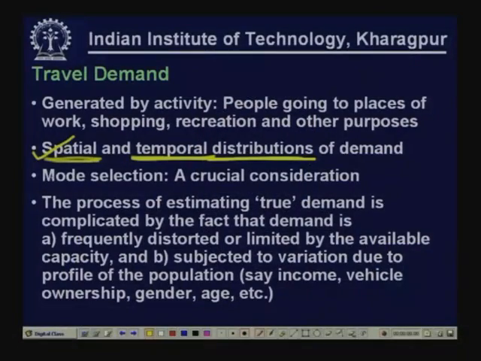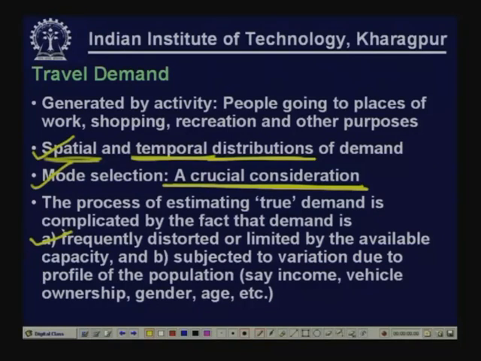As I indicated earlier, mode selection is a crucial consideration, because for the same passenger demand, mode selection or mode split decides the actual traffic volume and therefore the actual level of congestion on the road at a given time. Remember that the process of estimating true demand is often complicated by the fact that demand is frequently distorted or limited by the available capacity.